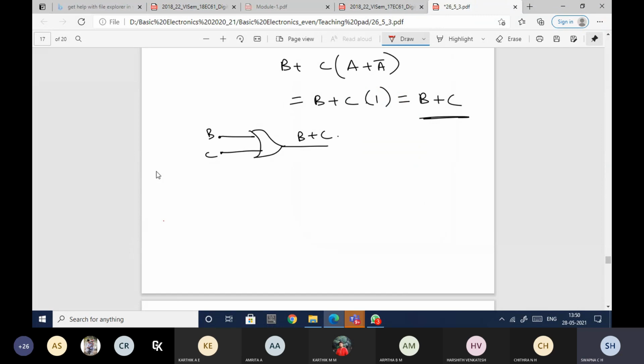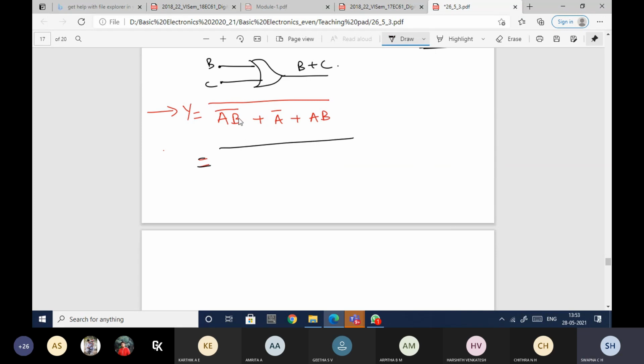Now the next problem is AB bar plus A bar plus AB, whole bar. Whole complement I'll keep as it is. AB complement I have. AB complement can be represented as A bar plus B bar, plus A bar plus AB. So here A bar I will write only once, plus B bar plus AB, whole complement.